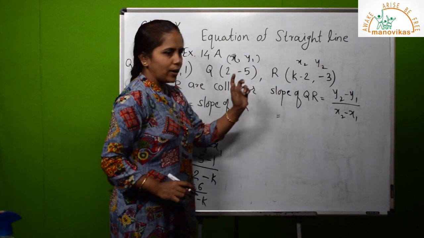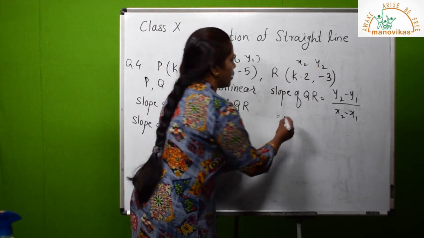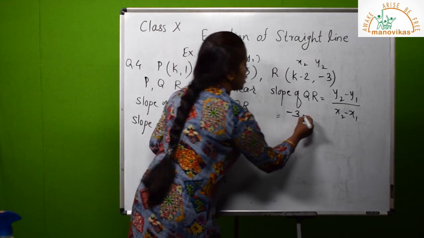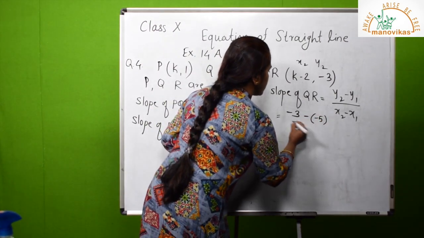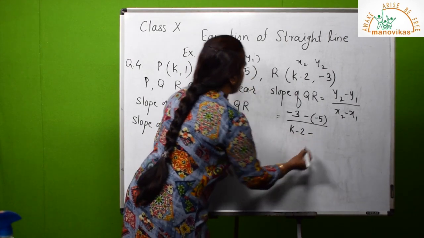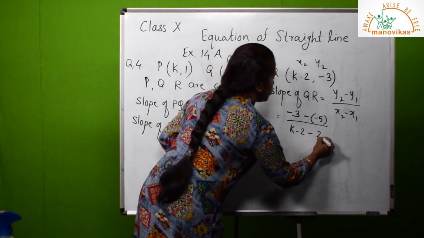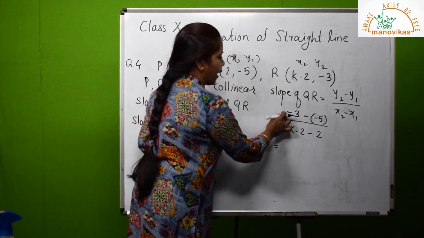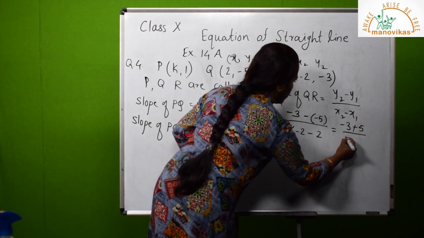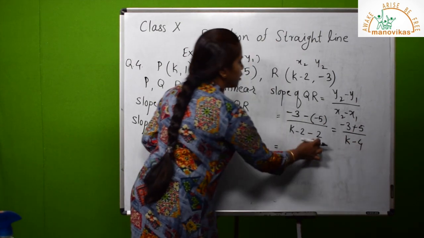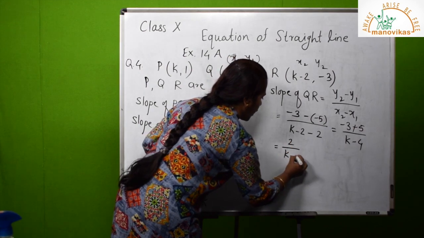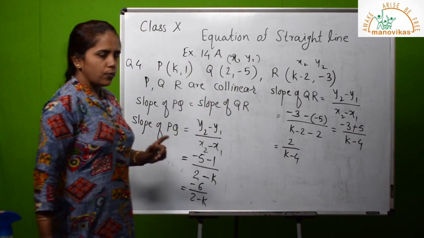Again y2 value is here minus 3, y1 is minus 5, so minus 3 plus 5 upon x2 is k minus x1 is 2. So minus 3 plus 5 upon k minus 2, that is 2 upon k minus 2. This is slope of QR.